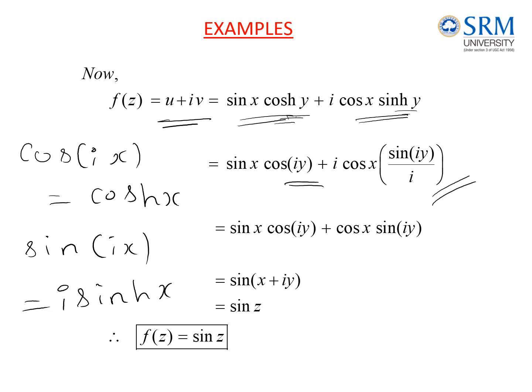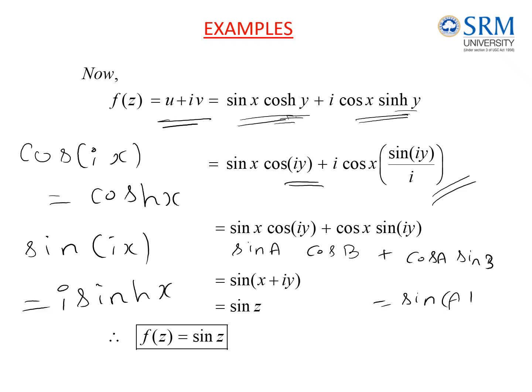So this i will get cancelled, remaining sin x cos of iy plus cos x sin of iy. It is of the form sin a cos b plus cos a sin b, which is equal to sin of a plus b.